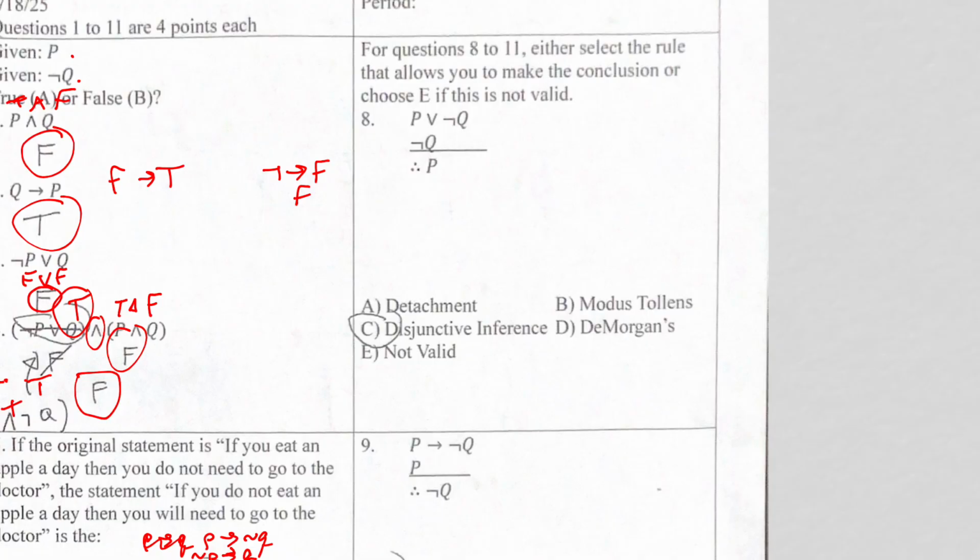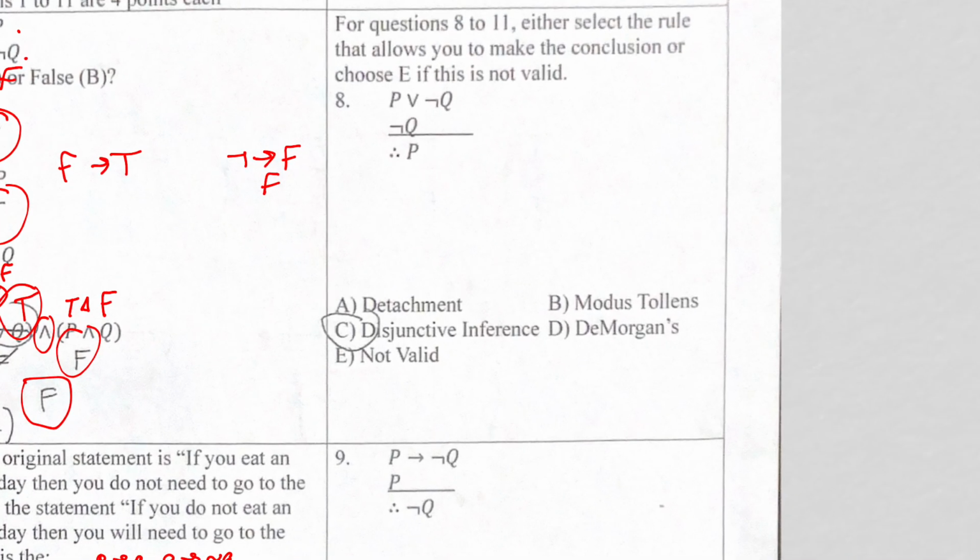Now these questions might be in a different order on the test that you took, but for this one, P or not Q, and not Q is given as true.